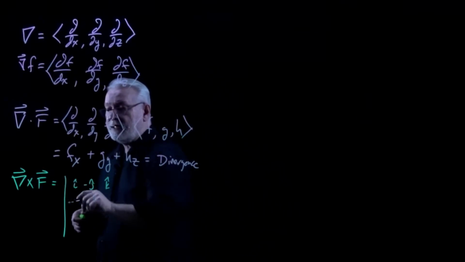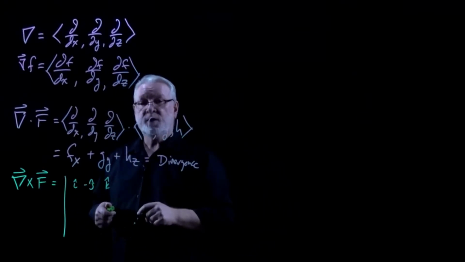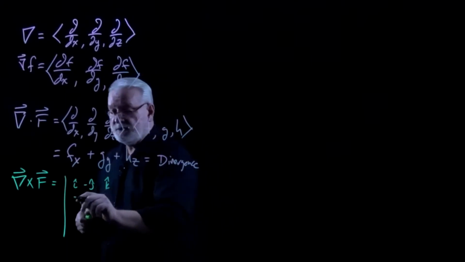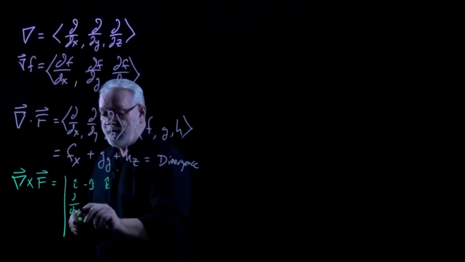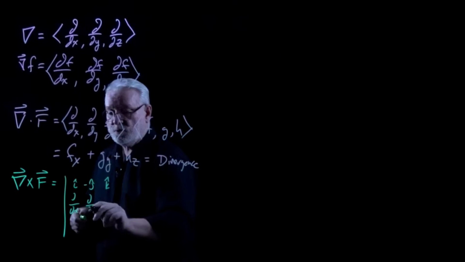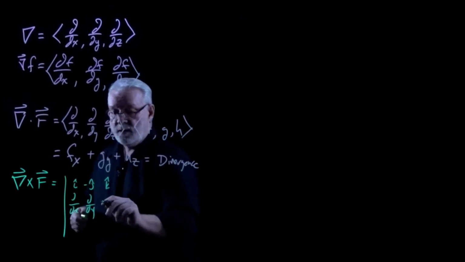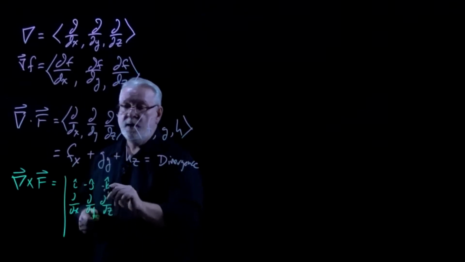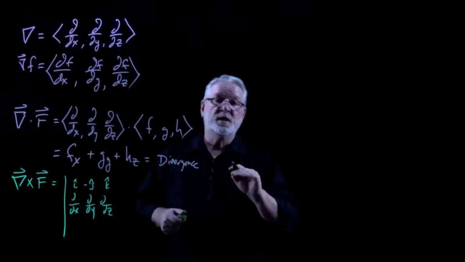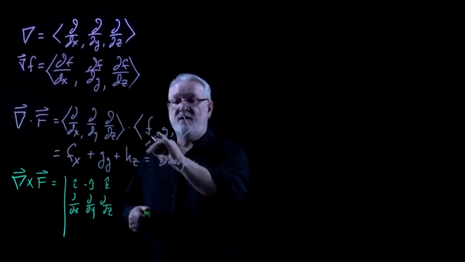The middle line is going to be the first vector in the cross product, and that, of course, is the partial derivatives: partial with respect to x, partial with respect to y, and partial with respect to z. And of course, the bottom line are the three components of the vector F: f, g, and h.